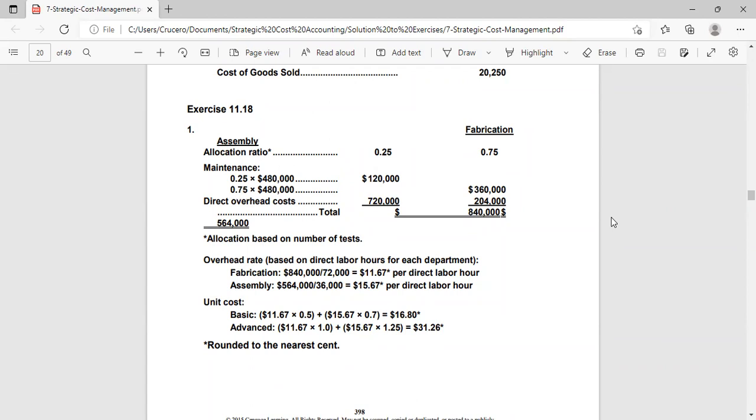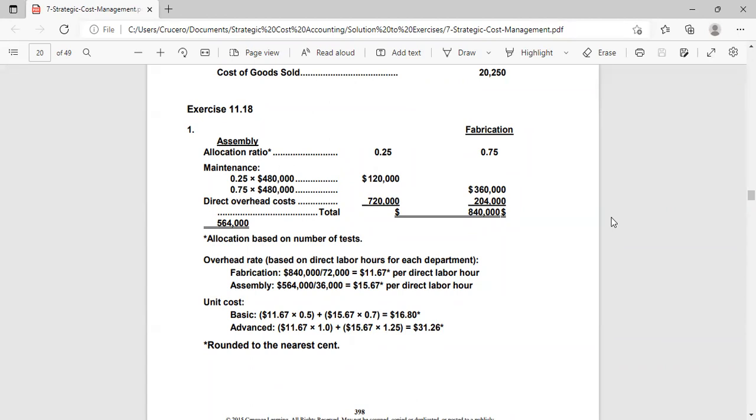Then for direct overhead cost, assembly is 204,000 and fabrication is 720,000. So will you get the correct total there?